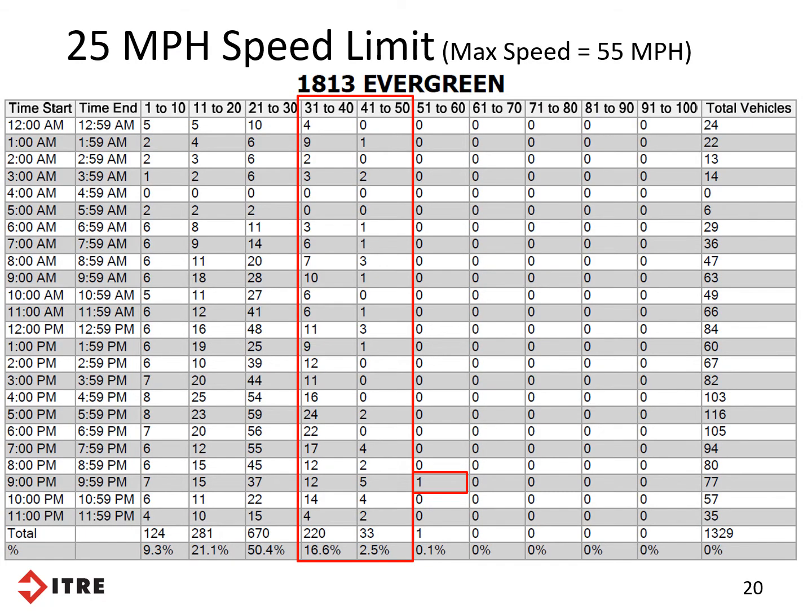The posted speed limit is 25 miles per hour, and a speed study actually found that the maximum speed during this study period was 55 miles per hour. That was the only speed in the 50 to 60 mile per hour range, but still a substantial amount of traffic, almost 20%, was more than 5 miles an hour above the posted speed limit.